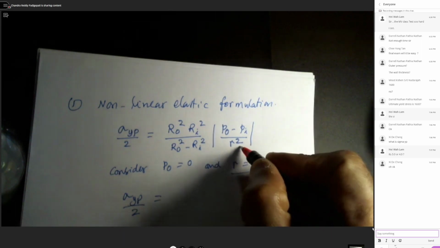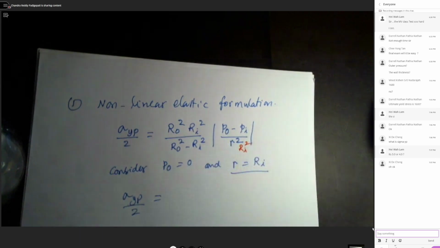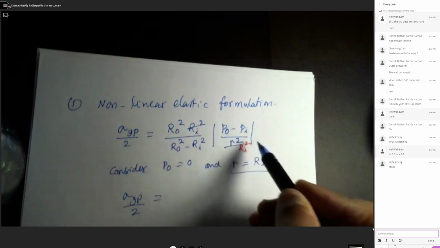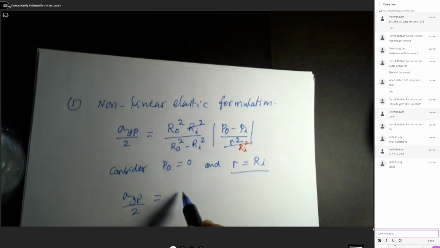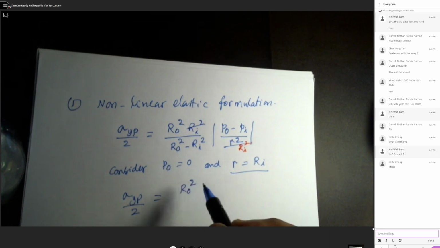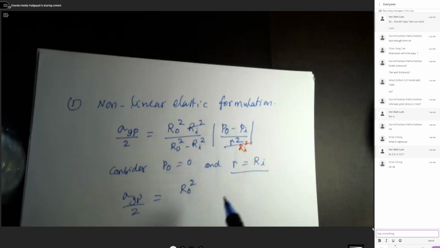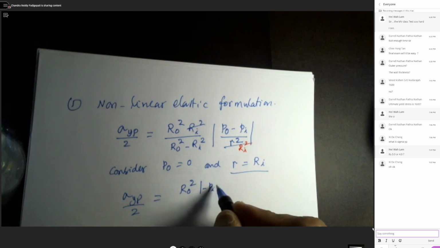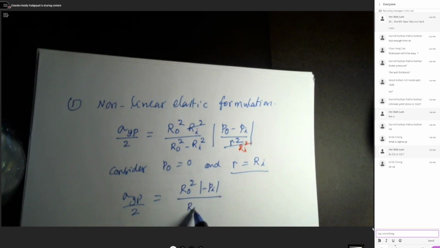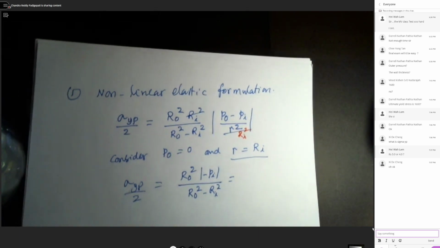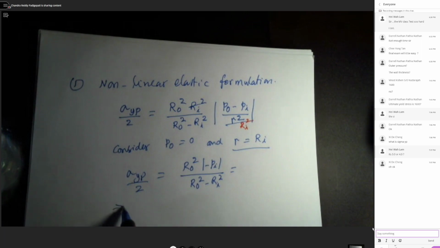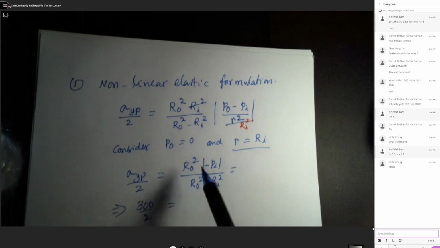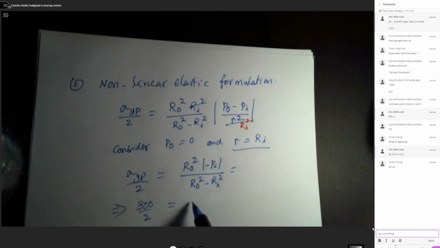That gives you Ro square. You are only taking the magnitude, so negative Pi over Ro square minus Ri square. Sigma yp is 300 over 2. So we need to calculate Ro square.